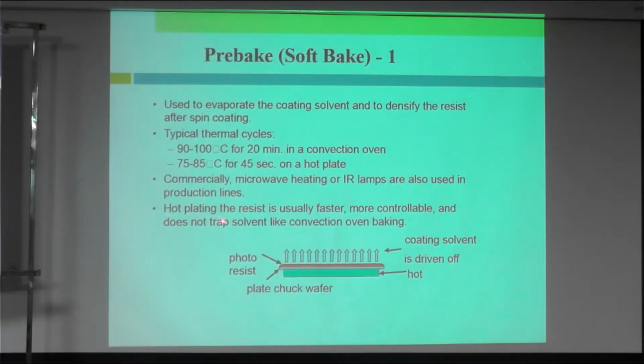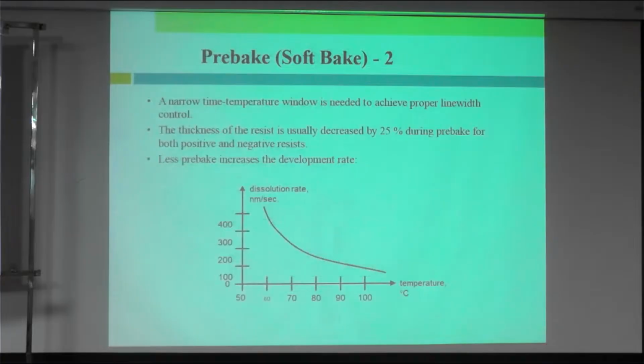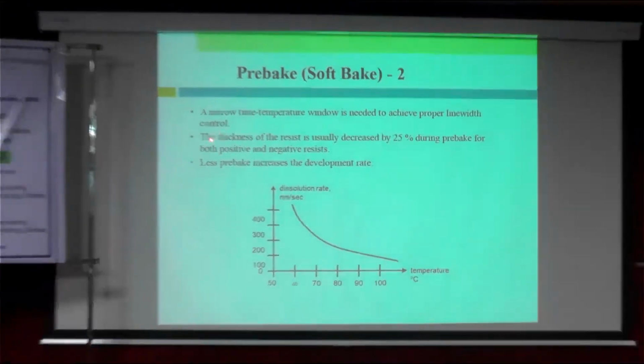And hot plating the resist is usually faster, more controllable, and does not trap solvent like convection oven baking. So there is also an advantage of hot plate usage in the pre-bake. A narrow time-temperature window is needed to achieve proper line width control.